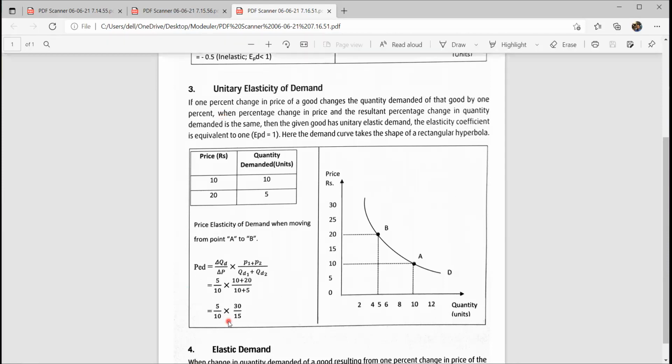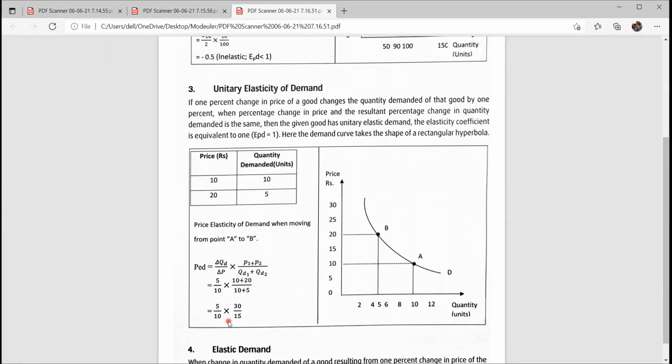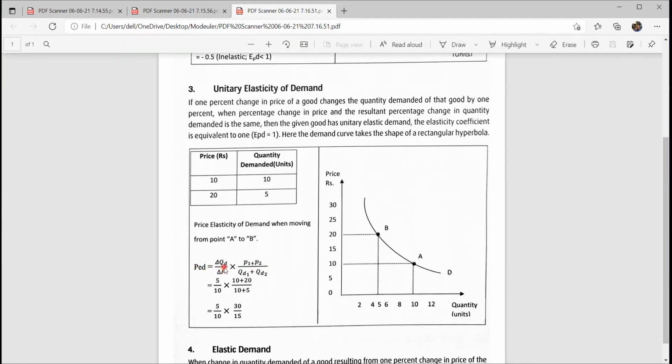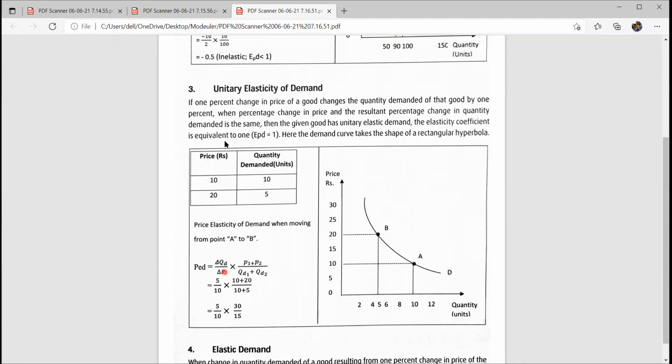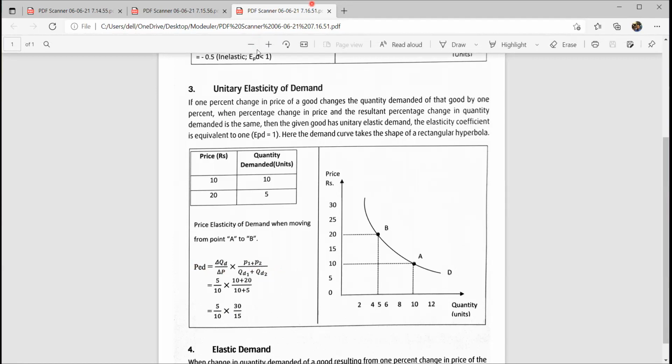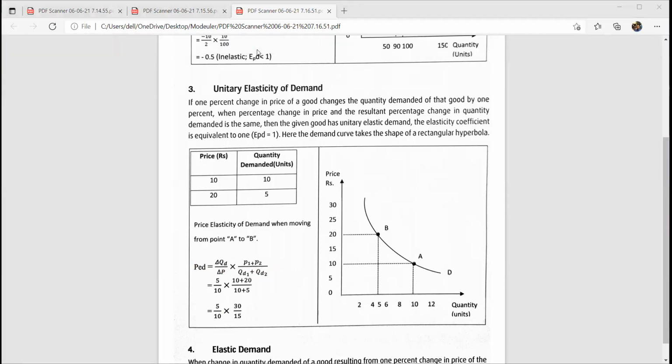So when we want to calculate such a value, compared to other methods, right now we will use unitary elasticity. We look at the arc elasticity formula: percentage change in quantity over percentage change in price. Why is that? We understand the value of PED is always the same throughout the diagram.